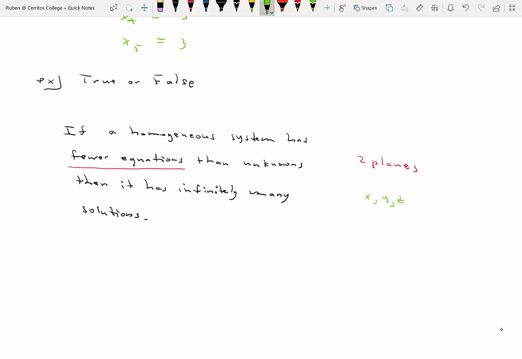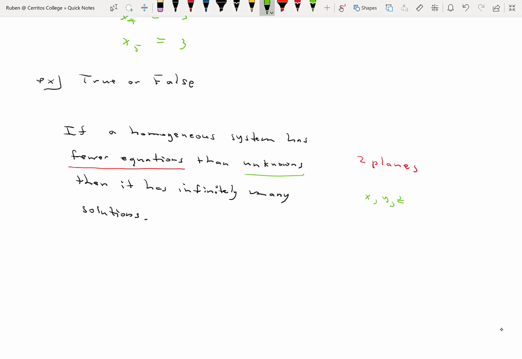We have 3 unknowns, but only 2 planes. The homogeneous system then must have, true or false, infinitely many solutions. So we have 2 planes passing through the origin. The question is, do those 2 planes intersect in more than one place?